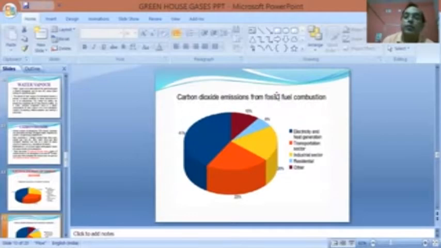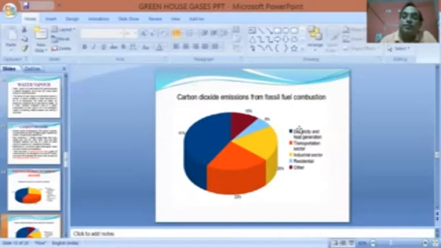Then carbon dioxide emission from fossil fuel combustion. As I have told you earlier, our carbon-centric, energy-centric lifestyle and the dependence of our energy needs on carbon is leading to the emission of more and more carbon dioxide. So how much carbon dioxide is emitted from fossil fuel, coal, petroleum, natural gas, and by which sector?